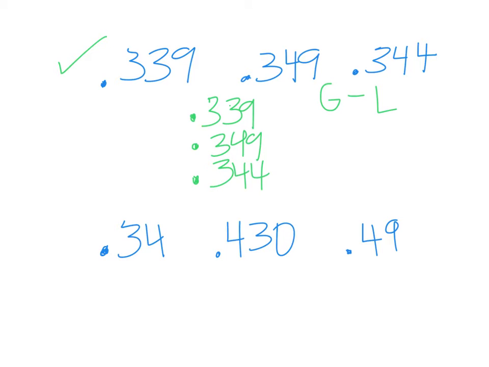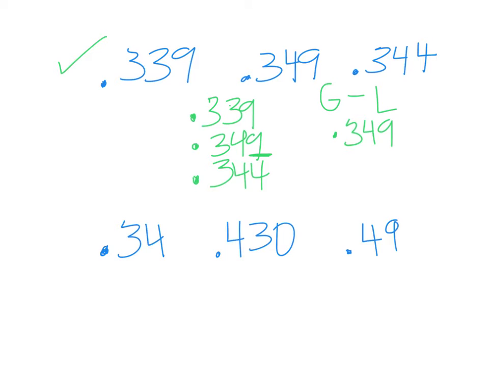The biggest number that I could tell here by looking at it would be 349 thousandths. I'm really comparing 339 to 349 to 344. So I'm going to write that this is the biggest number, 349 thousandths.